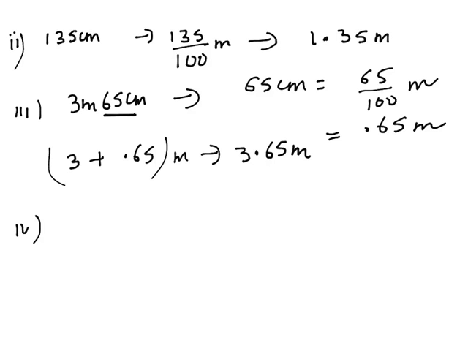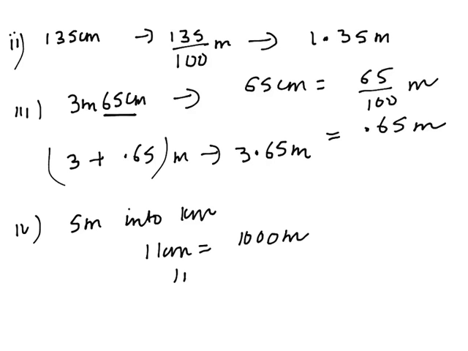Next we have kilometer, and we have to convert 5 meter into kilometer. In that case, we know 1 kilometer is equal to 1000 meter, so 1 meter is equal to 1 by 1000 kilometer.